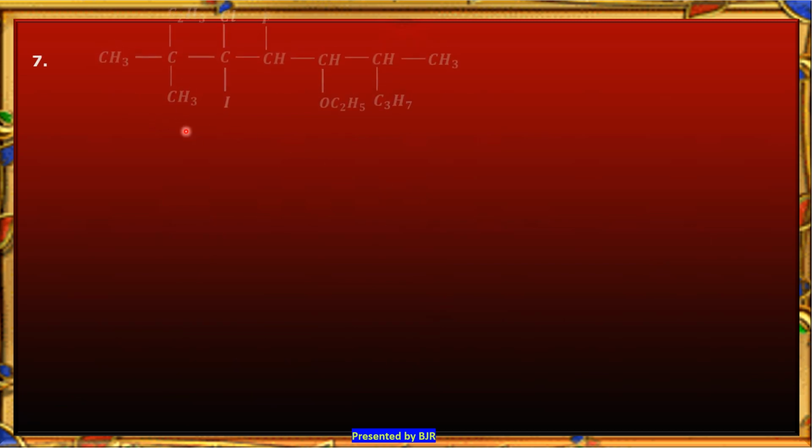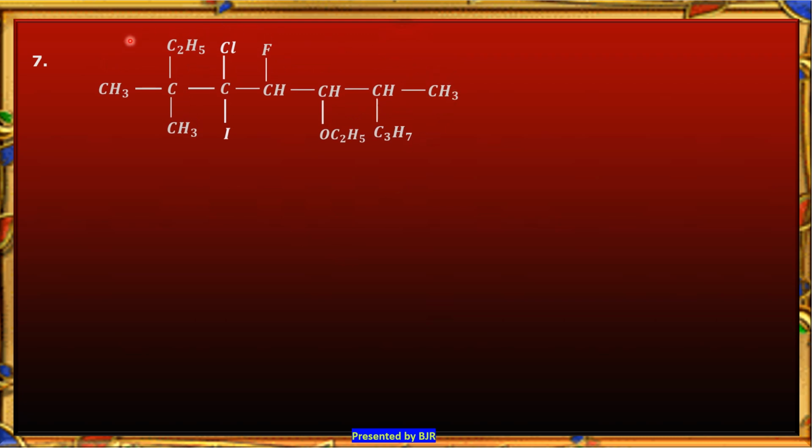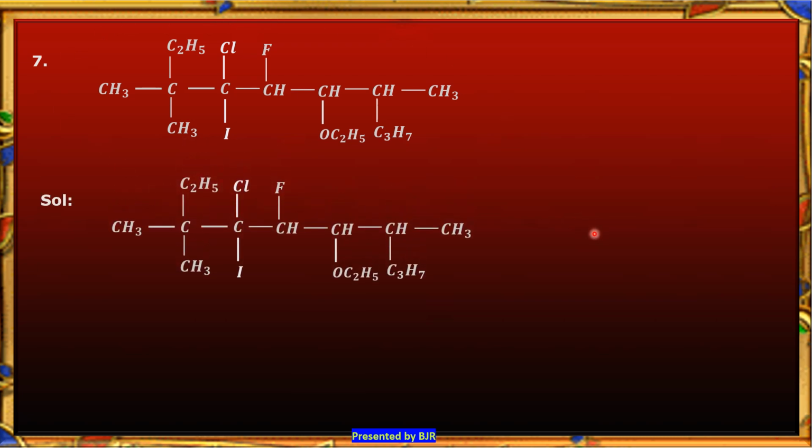Next, problem number 7. Here is another complex alkane to which we have to give the IUPAC name. Solution, and this one is the parent chain, and I am numbering the carbon atoms in the parent chain both ways, that is from left to right and from right to left also. Then I will use the lowest set of locants rule to know which way of numbering is correct.